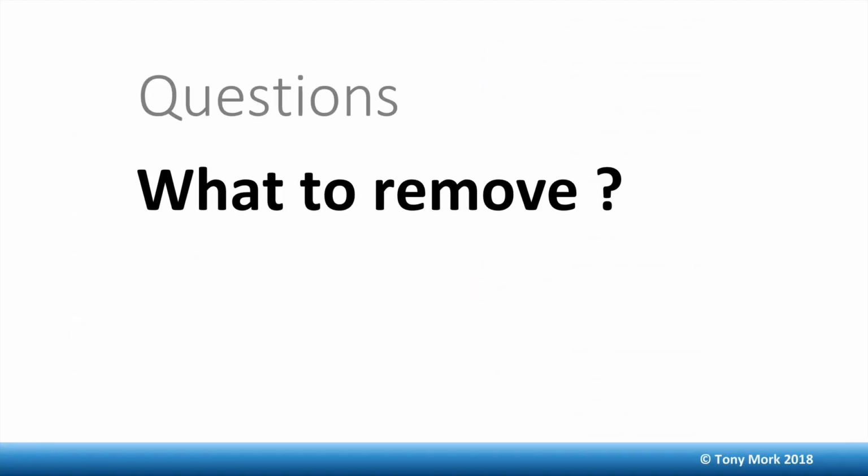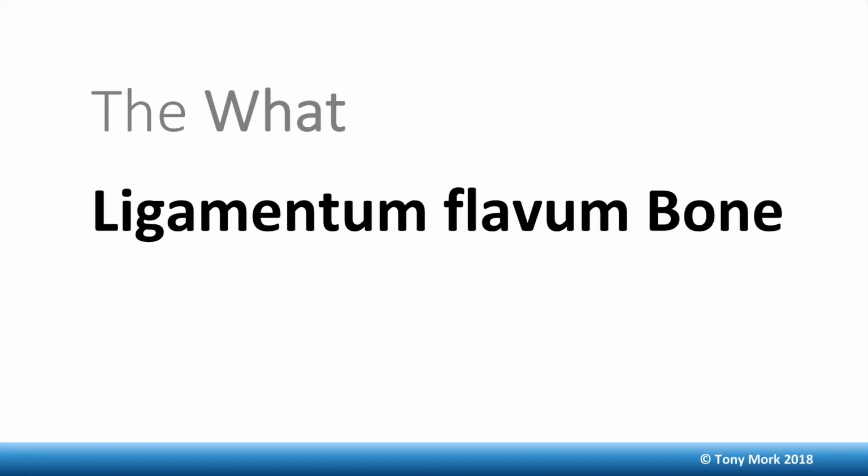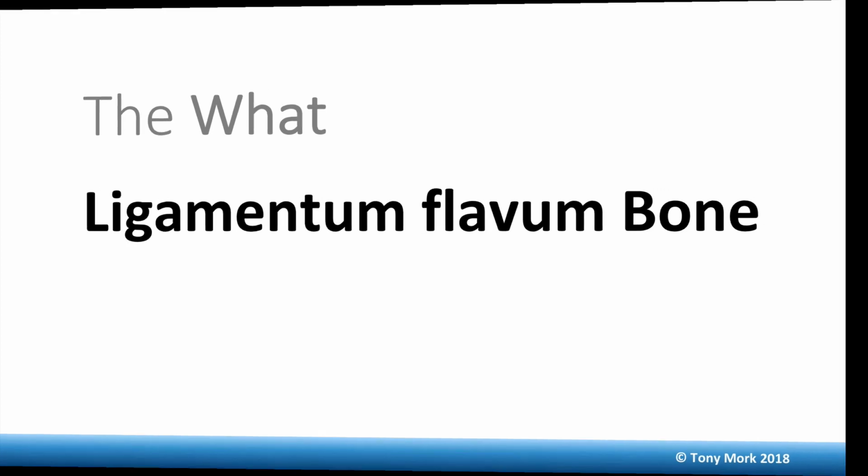Well, some questions are what to remove when you're doing a decompression and how much to remove. Well, the what is the ligamentum flavum as well as the bone. Both of these need to be removed to some extent.